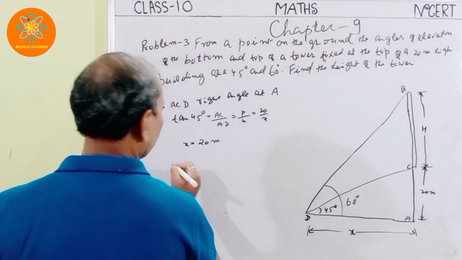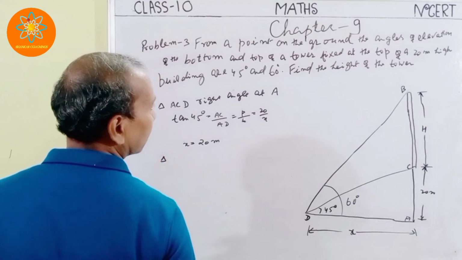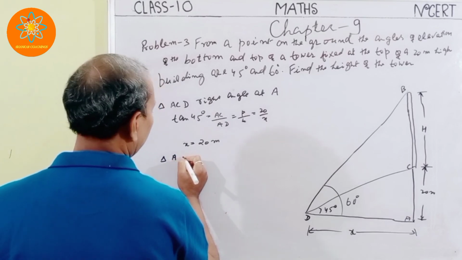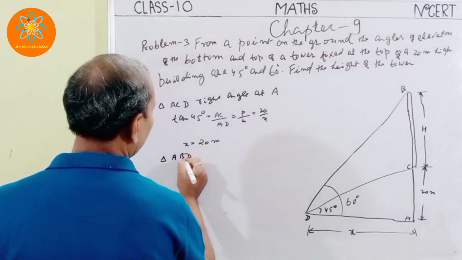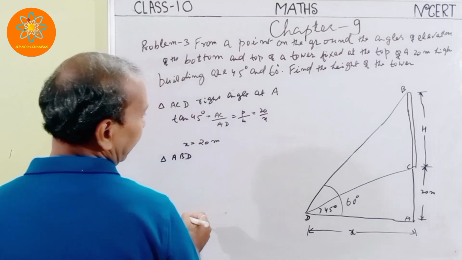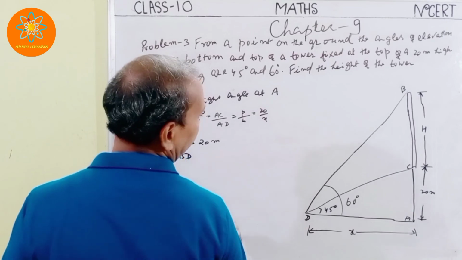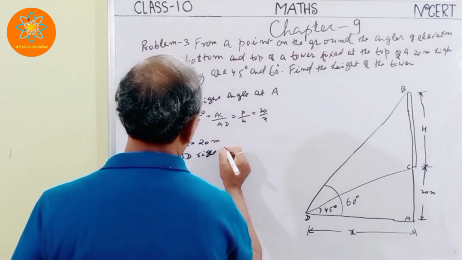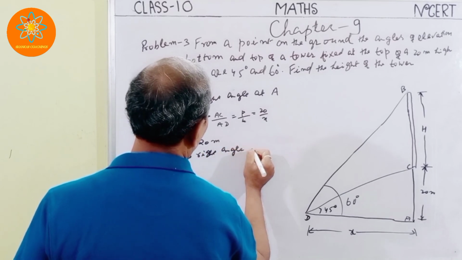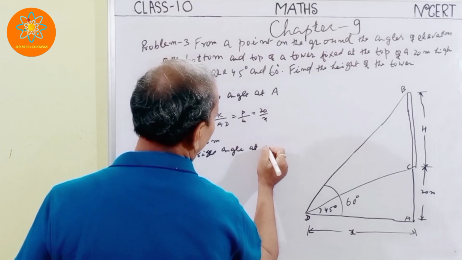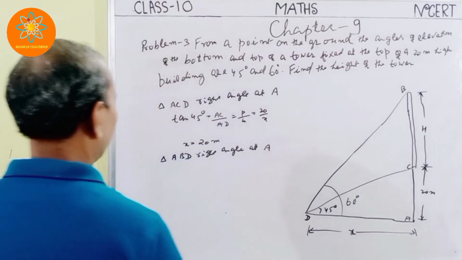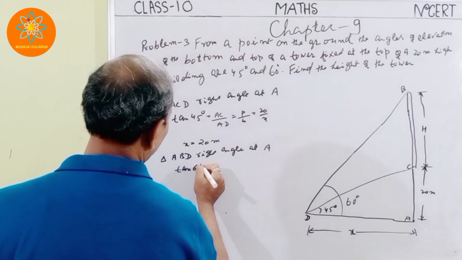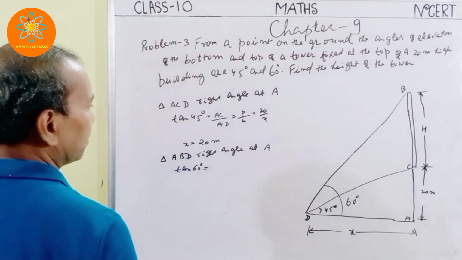Now triangle ABD, right angle at A. So how much is the value of tan 60 degree?